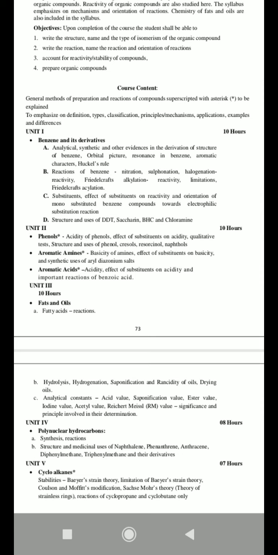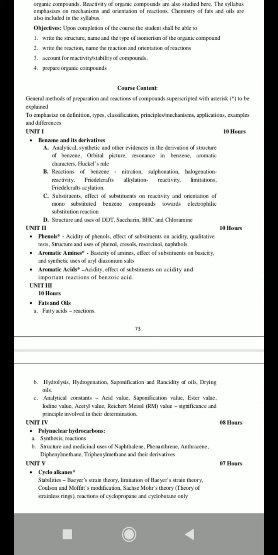But now in benzene and its derivatives, the first point is analytical, synthetic and other evidences in the derivation of structure of benzene, then orbital pictures, resonance in benzene, aromatic character, Huckel's rule. Evidences means proof.